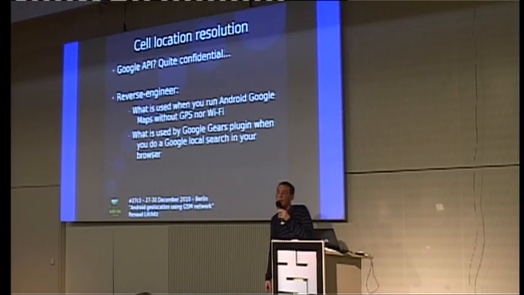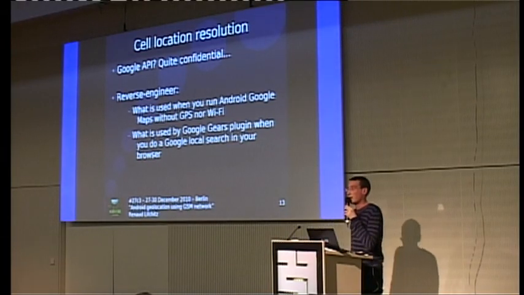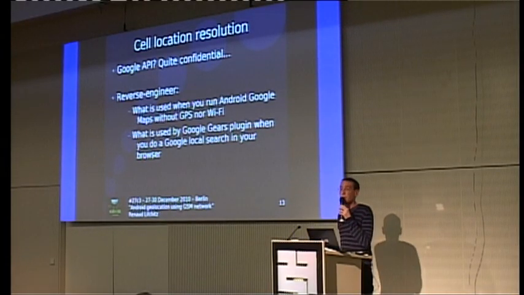Another entry point to the API is when you install a Google GIS plugin. It's not so well known, but it's a plugin for Firefox and Chrome, which allows, for example, cache browsing or local search. I mean, when you type restaurant in Google, it finds the pizzeria just in front of your building.